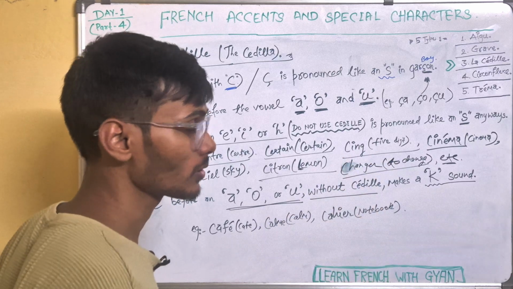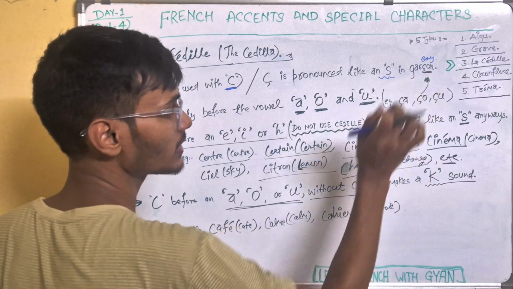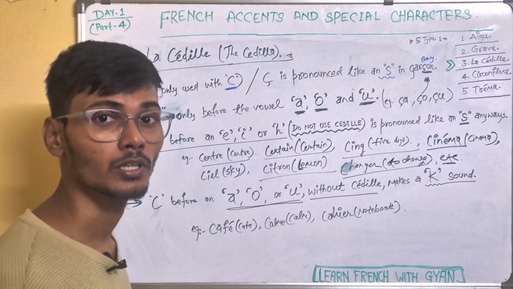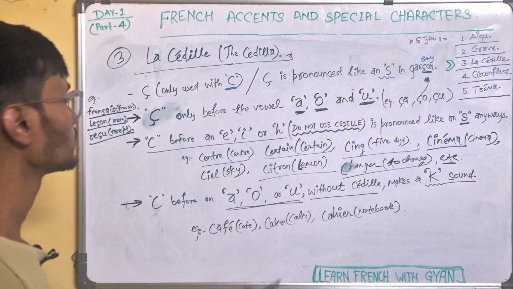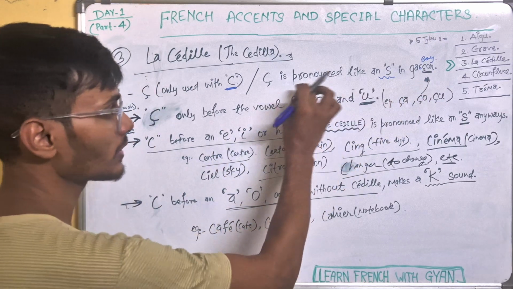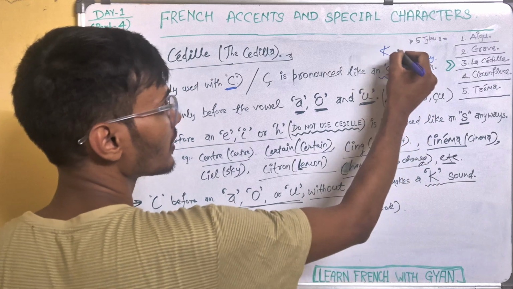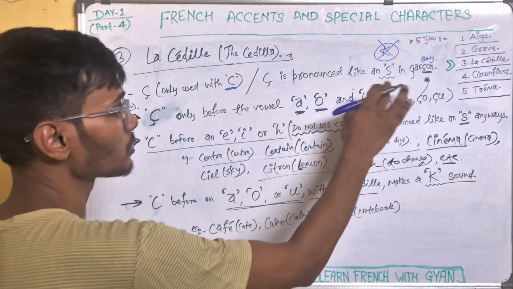To make the pronunciation correct, we add this cédille here, and the sound becomes garçon, le garçon, the boy. So this is the first rule: whenever this cédille comes, the sound becomes s, not k. The k sound does not remain anymore. So this becomes s.